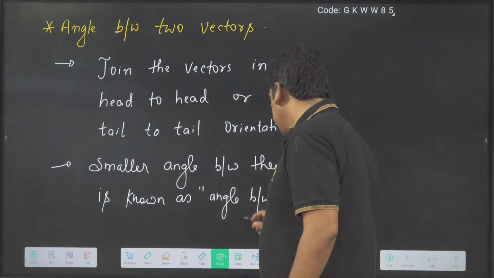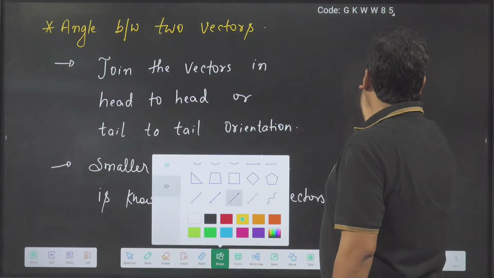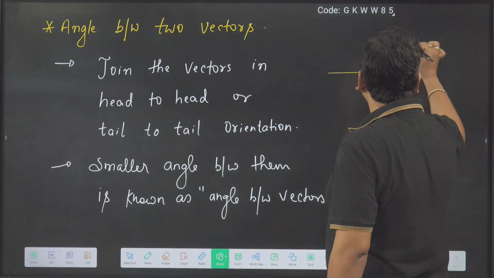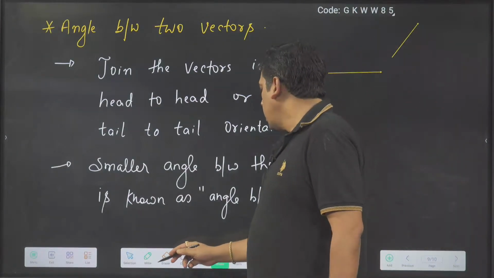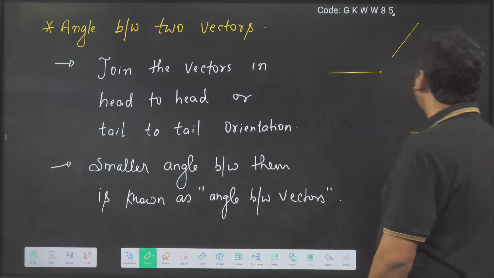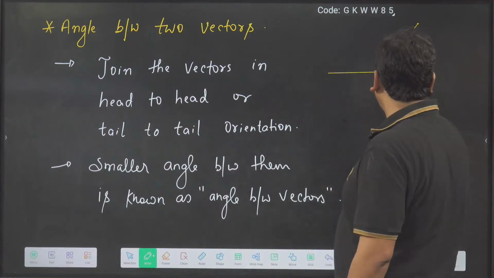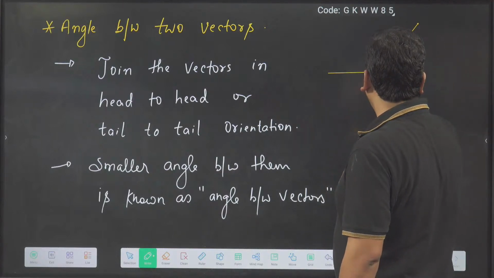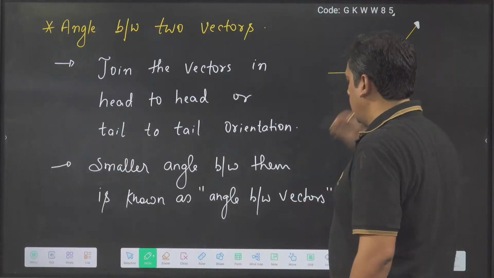Okay. Let's say that this is one vector, this is another vector. Okay. I want to know what is angle between these two vectors. One vector is this side, another vector is this side. Okay.